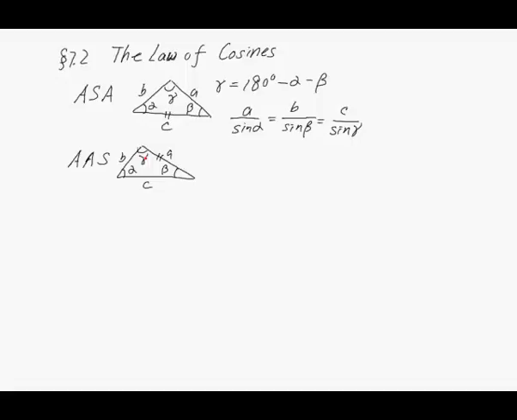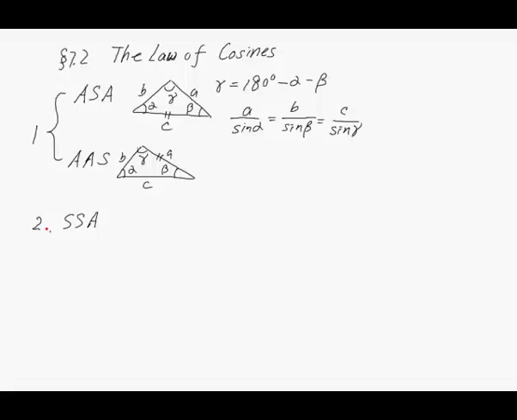And then we have learned the case in which we have two sides and one non-included angle. So that is the SSA, right? So this is case 1, and then this is case 2. In this case, we know this is the ambiguous case, and this is also the most difficult case, right?